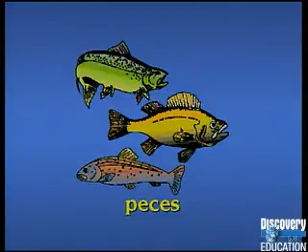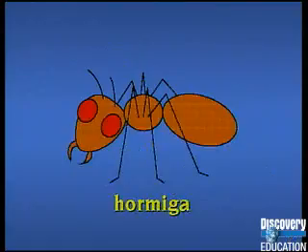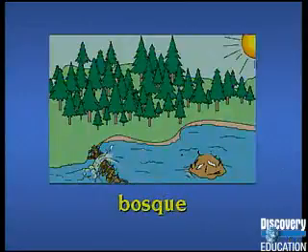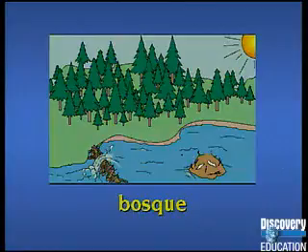Do you remember what we said they have on the outside? Escamas. That's right, scales. If you have hormiga, if you have this on your board, go ahead and mark it. If you have it at your picnic, wipe them off. If you have el bosque on your board, go ahead and mark it now. El bosque.